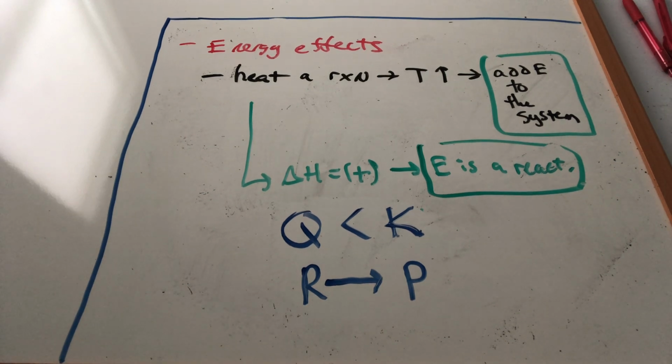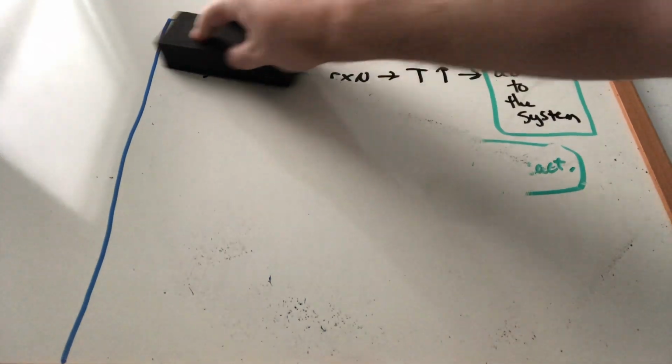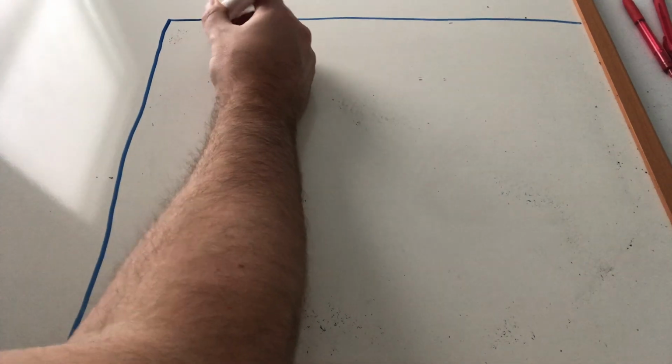So a lot of the things with Le Chatelier's principle can be explained with a Q versus K analysis. If you're comfortable doing those, and you should be by now, then you're going to be comfortable with an actual Le Chatelier's principle analysis. Where things get a little bit tricky is we have to talk about special consideration with gases.